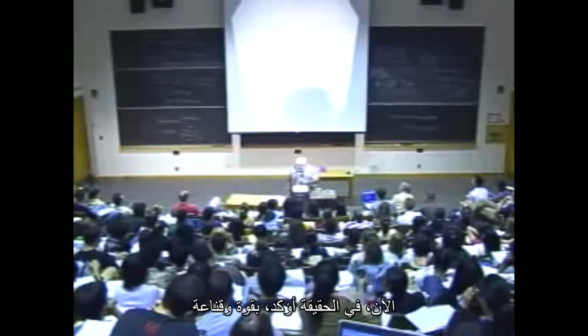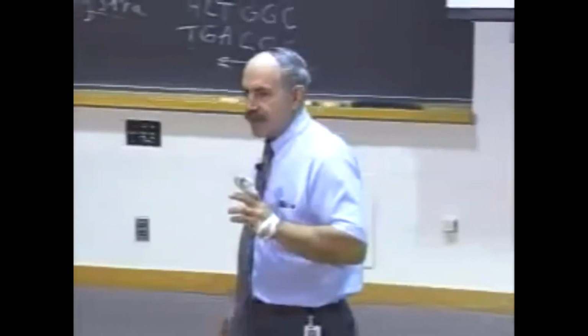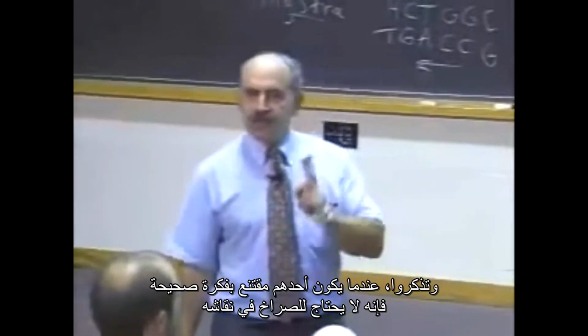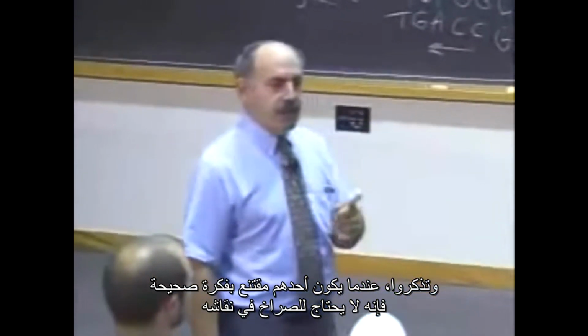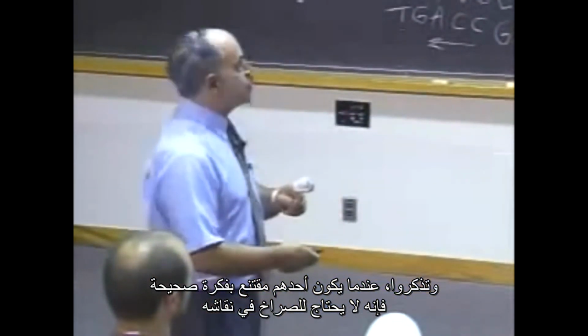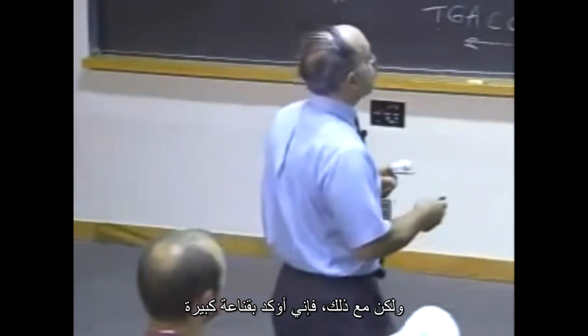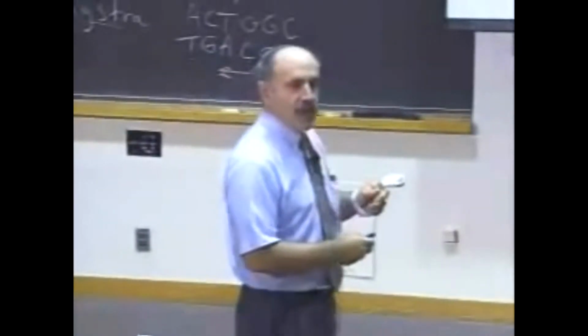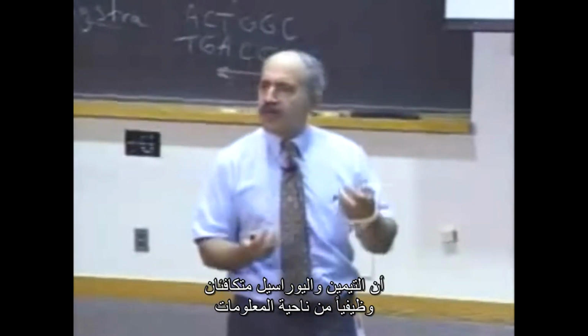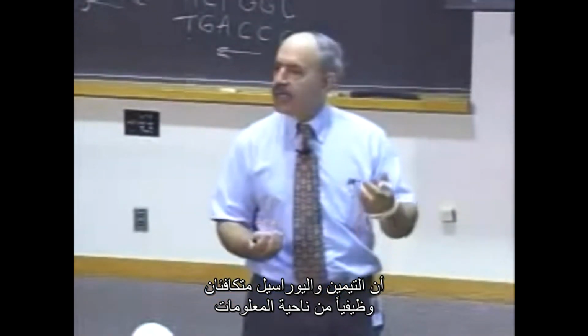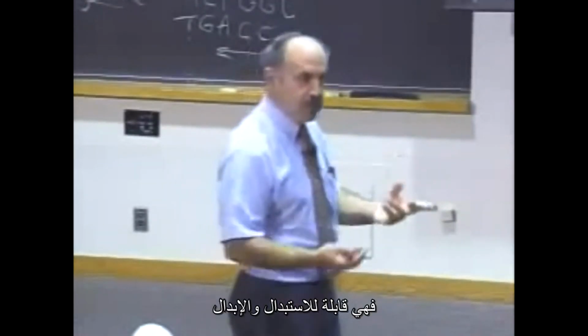Now, the fact is, I emphasize with great vigor and conviction, and remember, class, when somebody is convinced of something, more often than not, they're just wrong in a loud voice. But I nevertheless emphasize with great conviction that T and U are, from an information standpoint, functionally equivalent. They're replaceable, interchangeable.